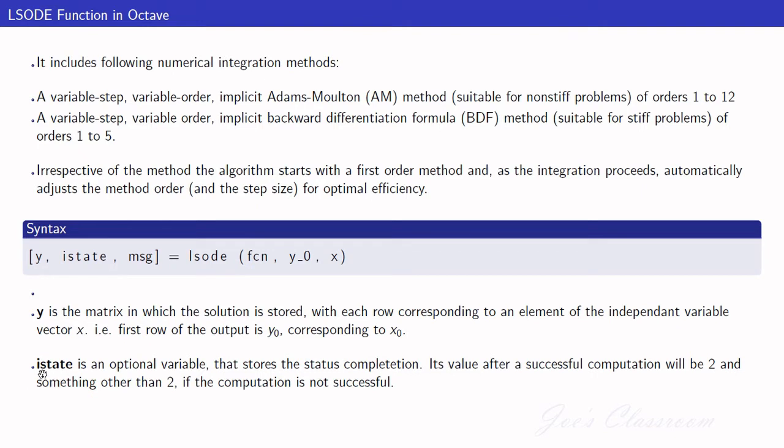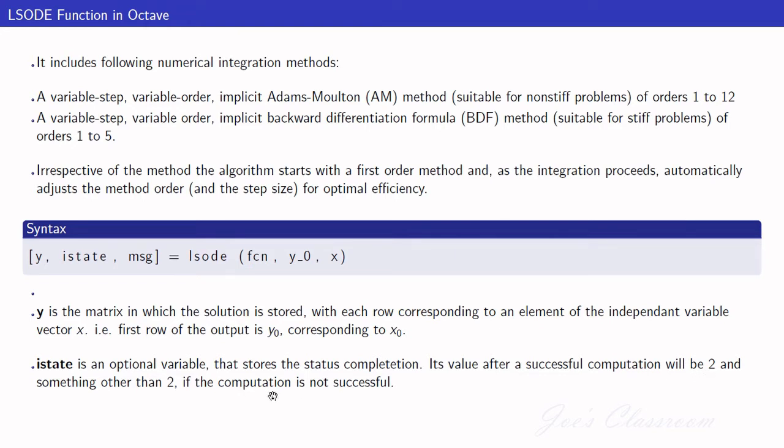The second variable, istate, is an optional one, and it stores the status of completion. If the entire computation by this lsode function is successful, then its value will be 2.